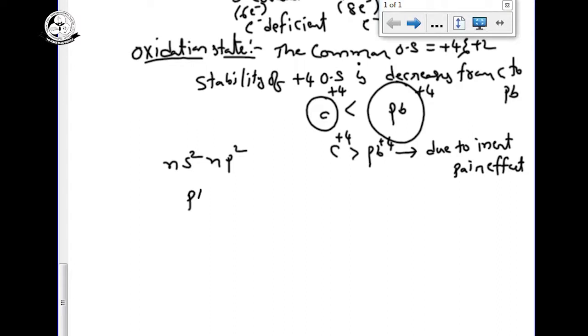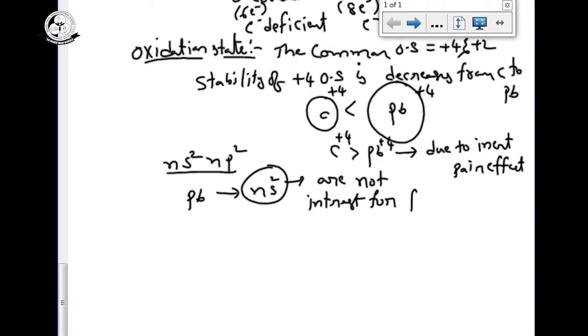Especially for lead, even though it has valency 4 electrons, the electrons present in the ns orbital, those ns2 electrons, are not interested in participating in the formation of a chemical bond.